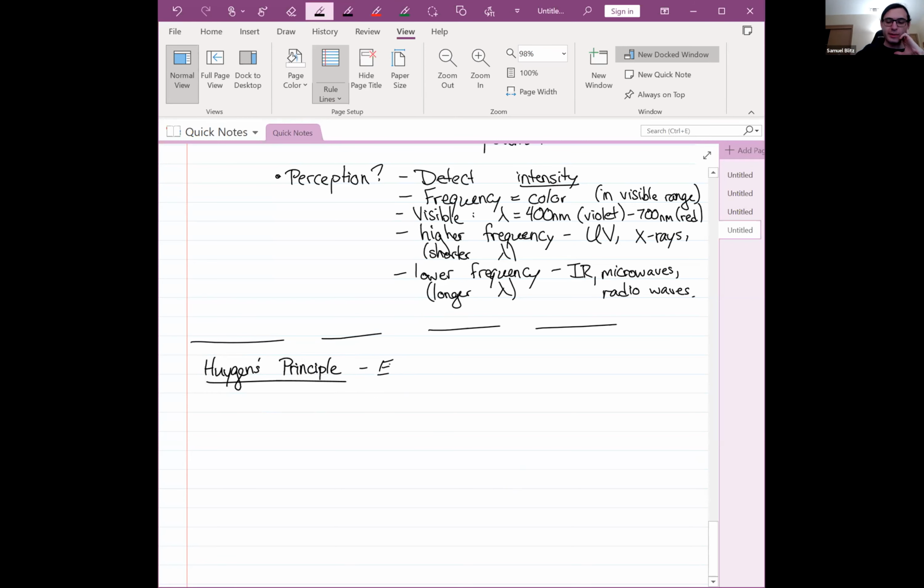So it is the statement that every 3D wave propagates by having every point on a wavefront, a wavefront being like a line or a surface formed by all of the peaks or all of the troughs, act as an independent generator of another spherical wave.